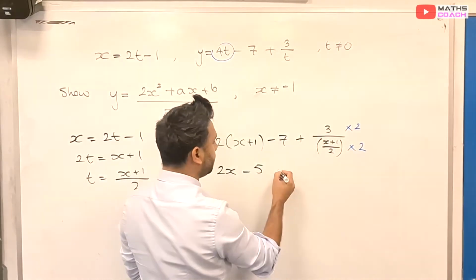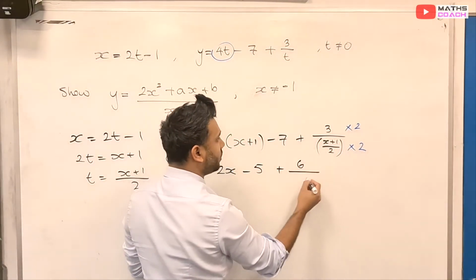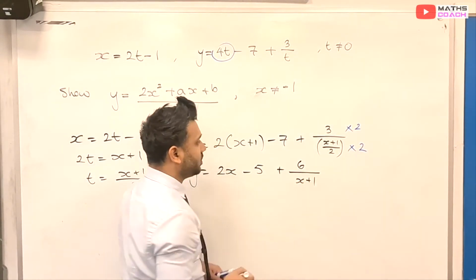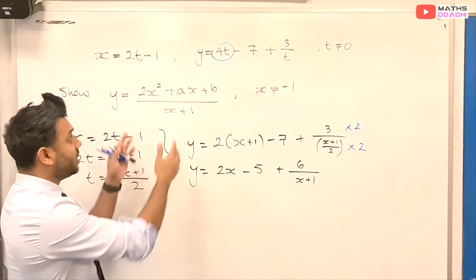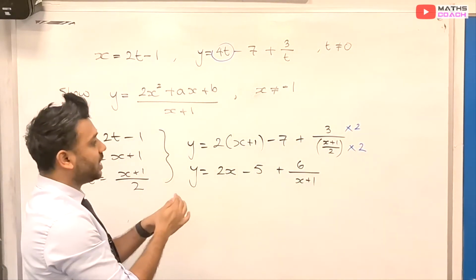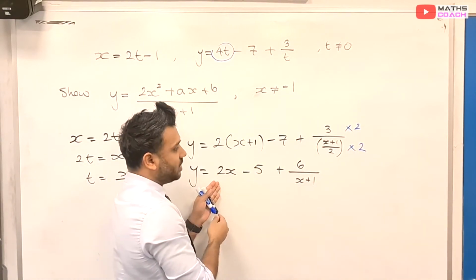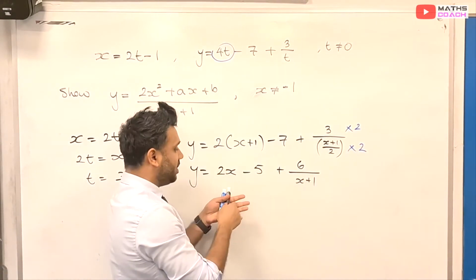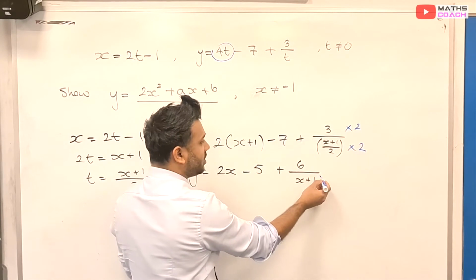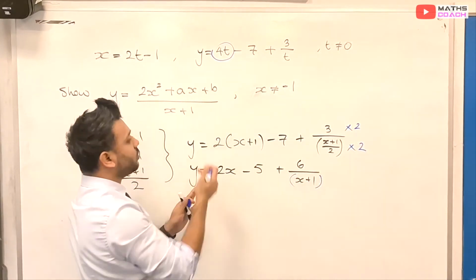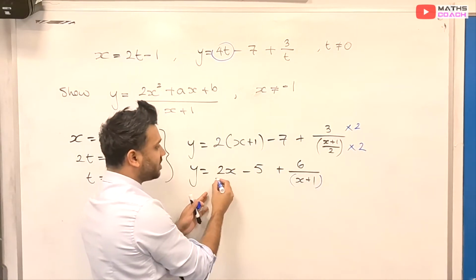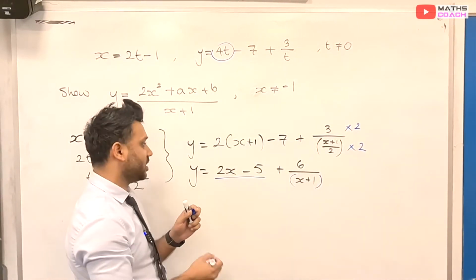And then here we're left with 6 over x plus 1. Now, if you look at what the final answer is to be, it's a single fraction. But here we have 3 terms being added and subtracted. The main thing is the fraction here has the denominator of x plus 1. So in order to combine all of that into a single fraction, all of this needs to have the same denominator of x plus 1.